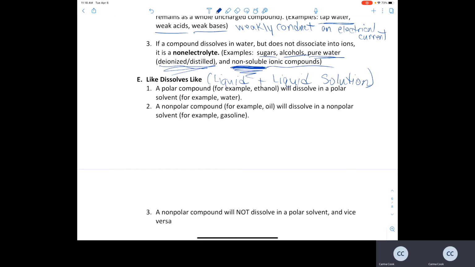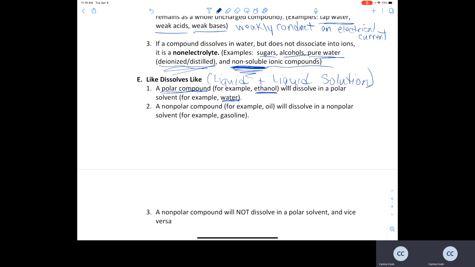So the rule is like dissolves like, meaning that the two liquids have to have the same polarity. So two polar liquids will dissolve in each other. For example, ethanol and water are both polar, and so they will dissolve in each other.